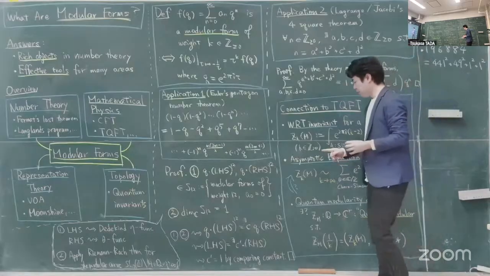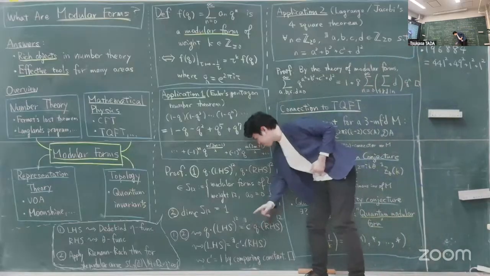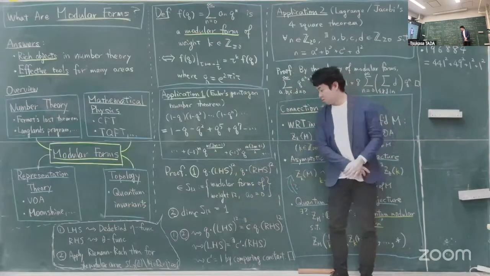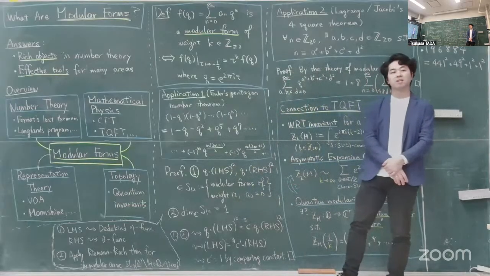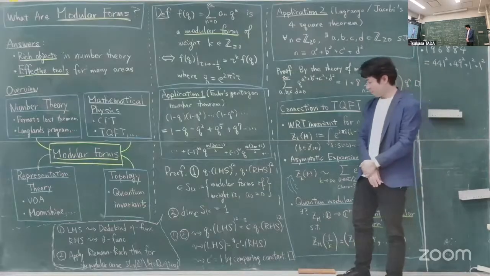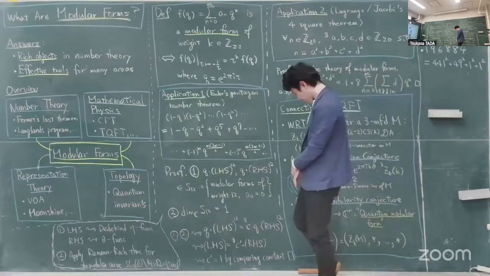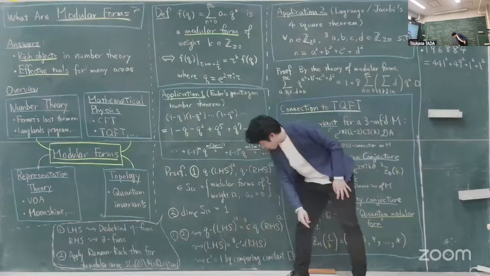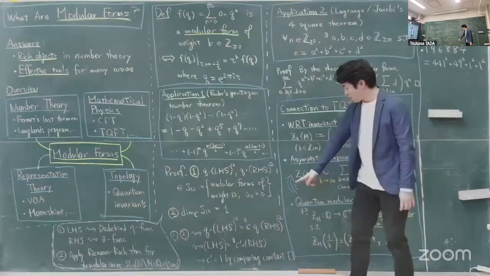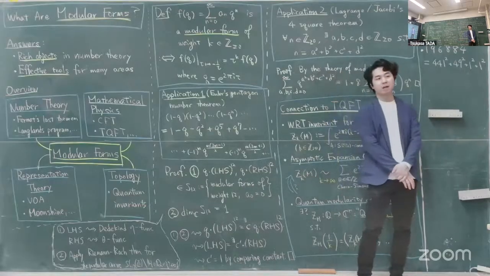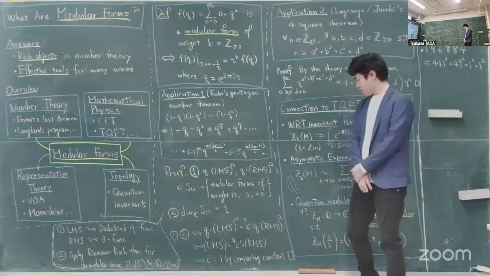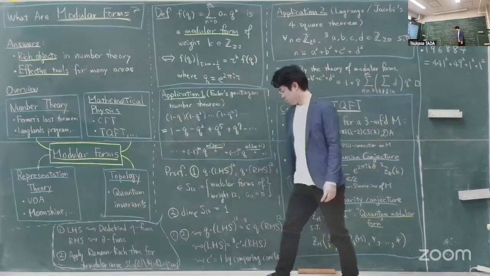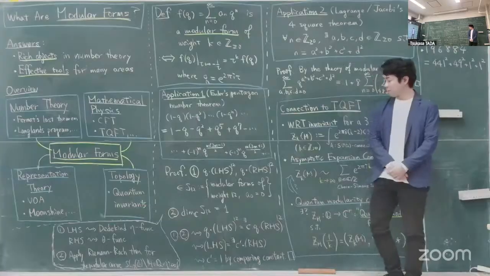Thus, we have some constant C such that C times the left-hand side to the 12 equals the right-hand side to the 12. And so we have some constant C prime such that left-hand side equals C prime times right-hand side. By comparing the constant terms 1 and 1, we have C prime equals 1. That is a proof.